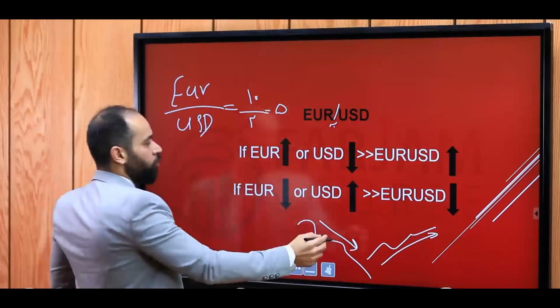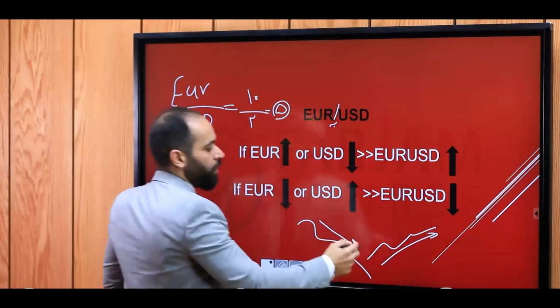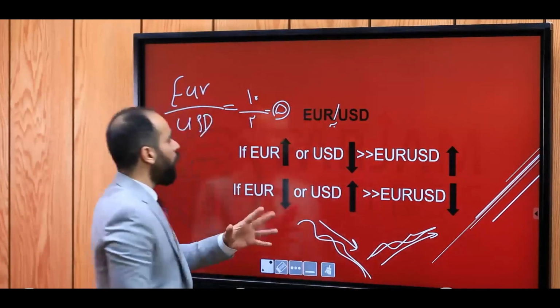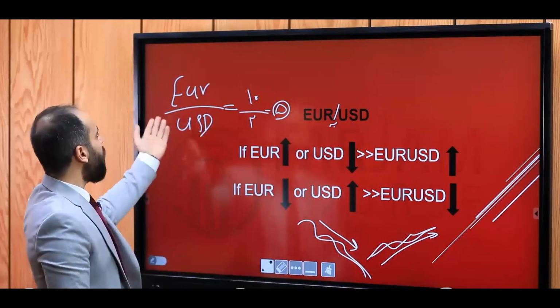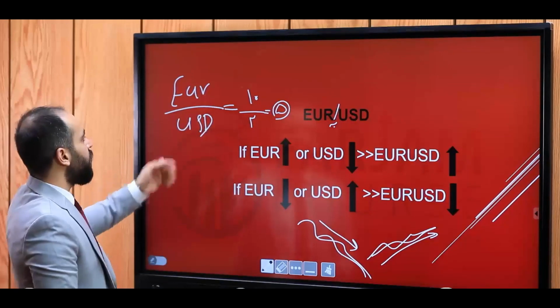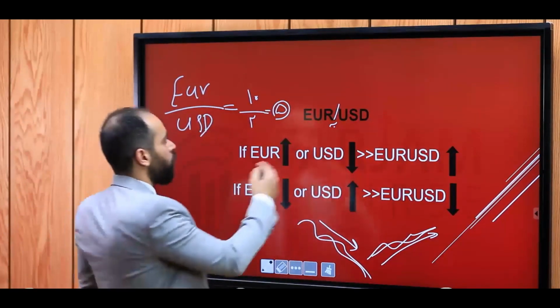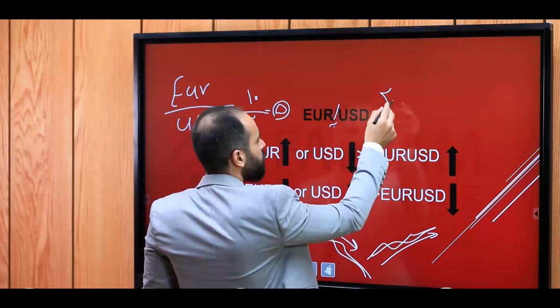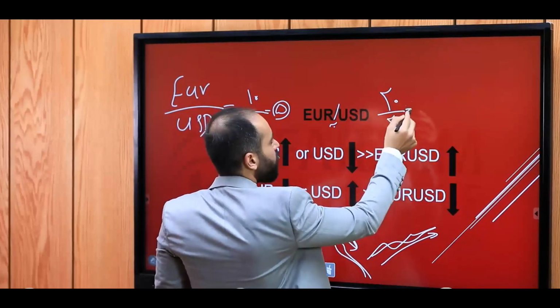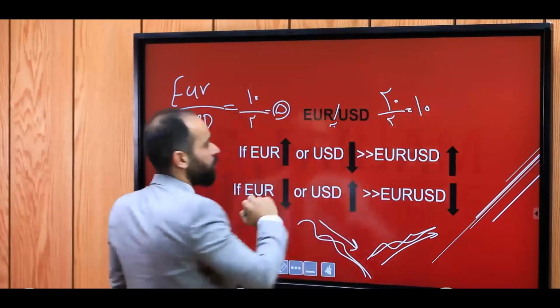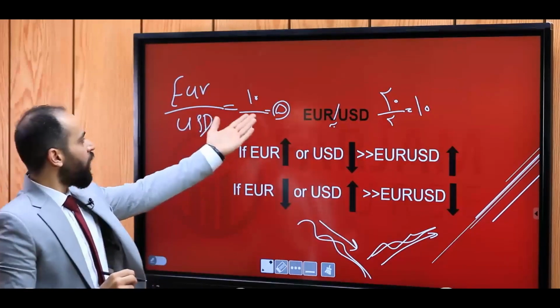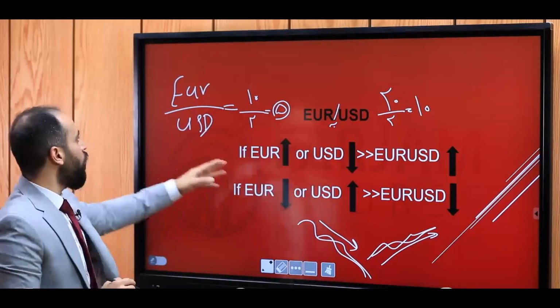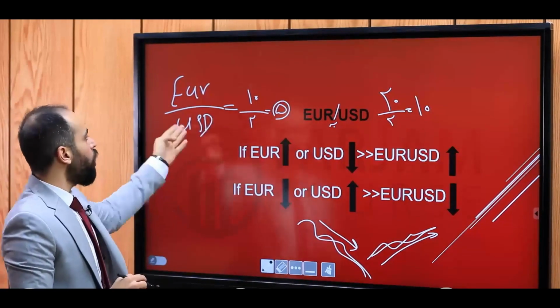This chart works with the result of this fraction to determine whether it should go up or come down. Now, for example, when the euro, which is in the numerator, increases in price, let's say the euro becomes 20 while the denominator remains 2, what does our fraction become? 10. Why? Because our fraction gets bigger when either the numerator increases or the denominator decreases.